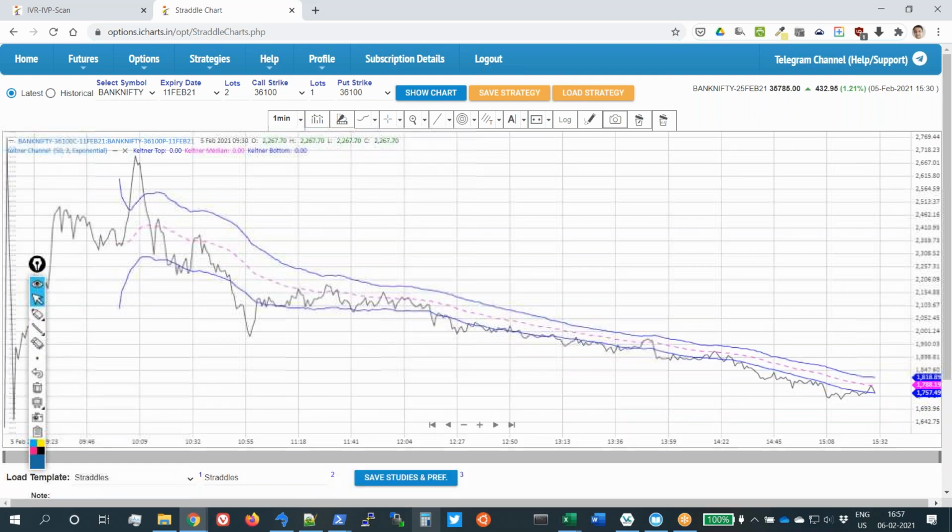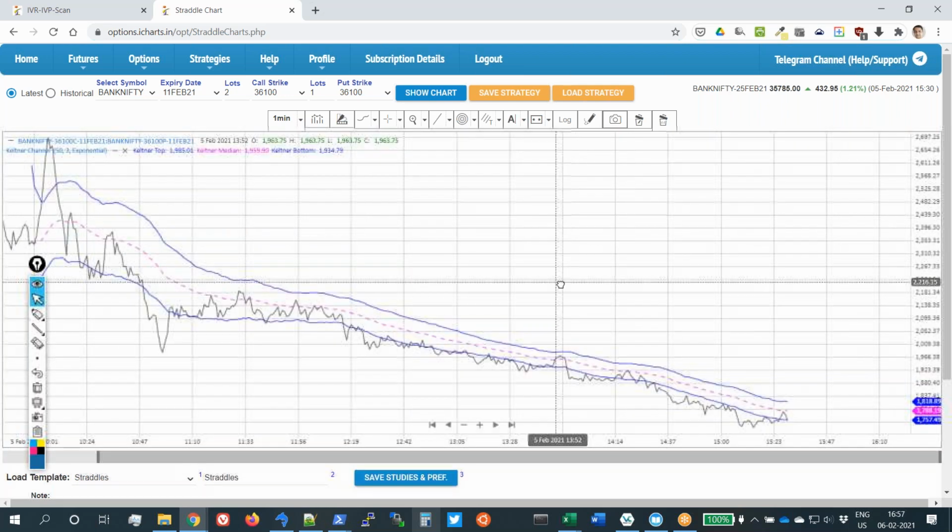So you wouldn't initiate over here. You would look for straddles that are breaking down and then get into those, and then your stop would be somewhere above this. Stop or your adjustments or whatever.